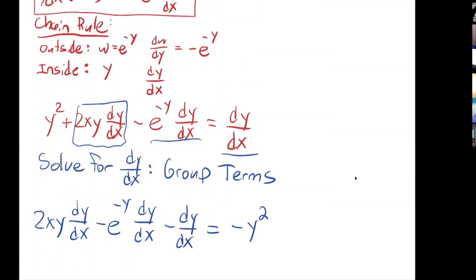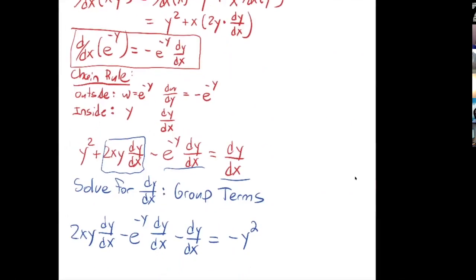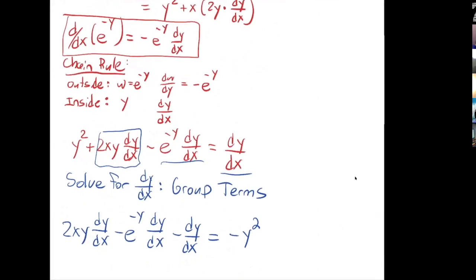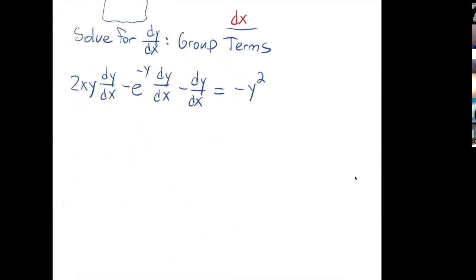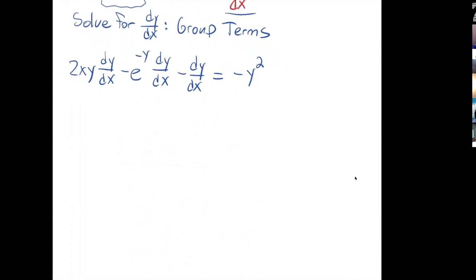And then we're going to factor out a dy dx from both sides. We were working with this.